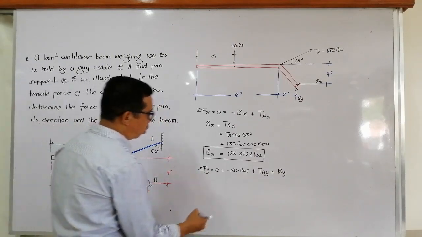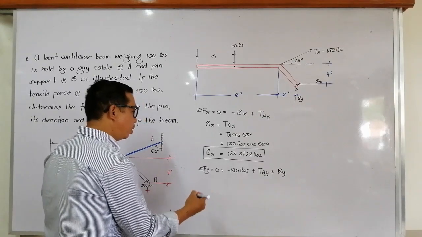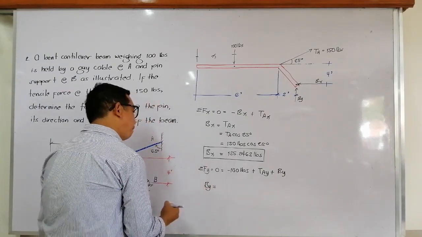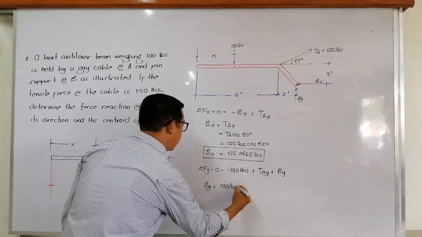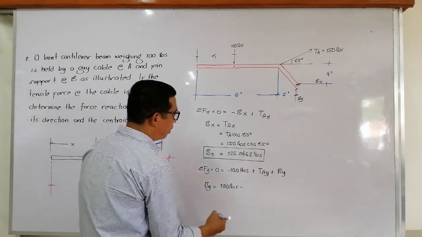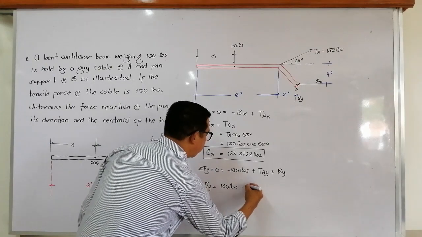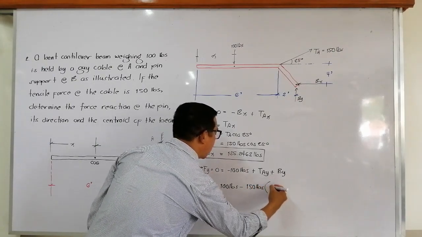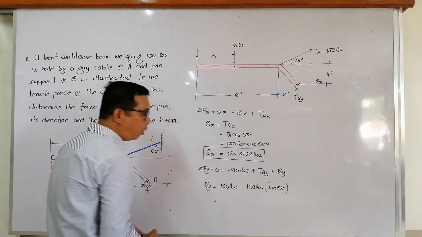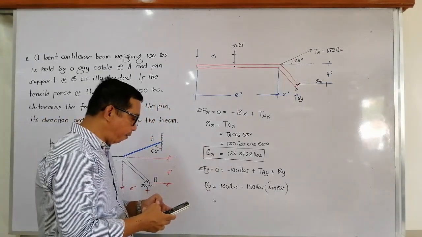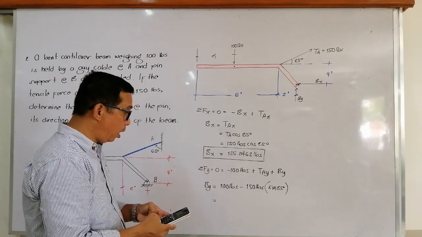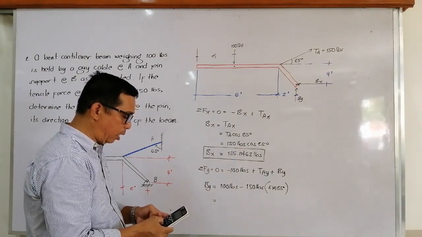Transposing, solving for By, the expression will be 100 pounds subtracted by TAy, where TAy is TA sine 25. Since TA is 150 pounds, that is 150 sine of 25. Now we can readily resolve this: 100 subtracted by the quantity of 150 multiplied by sine 25.